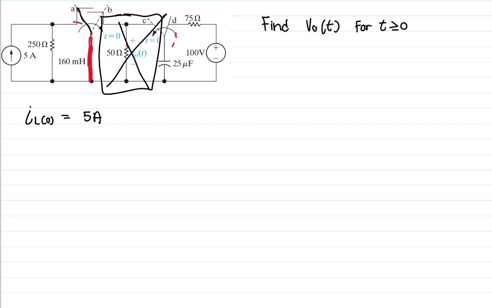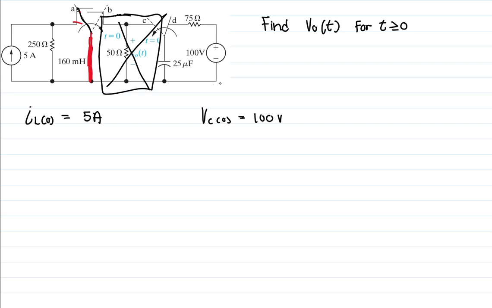So the initial capacitor voltage is, let's say, Vc(0) is equal to 100 volts, and we found the initial inductor current and initial capacitor voltage.